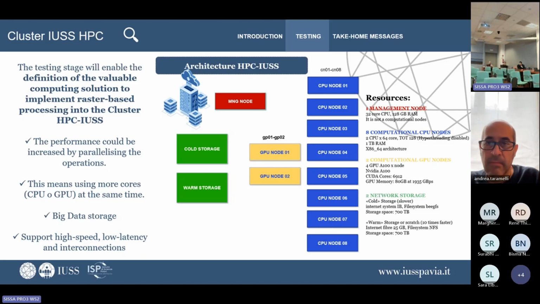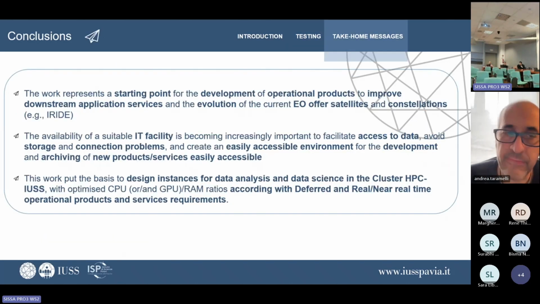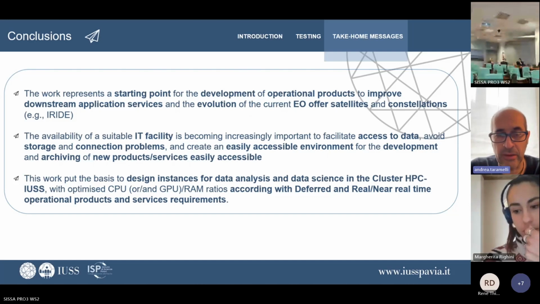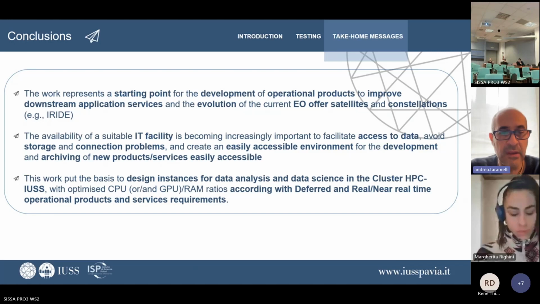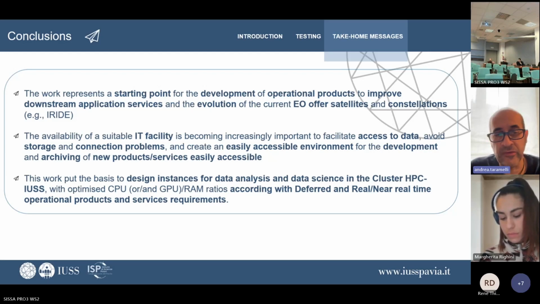And I leave the floor to Professor Taramelli for the conclusion. Thanks, Serena and Margherita. So, as I was already introducing, one of the major issues that we are facing, both at European level and national level, is really the missing part of the HPC infrastructure for data processing. So this was a starting point in order to understand the development for operational products and improve the downstream application services.